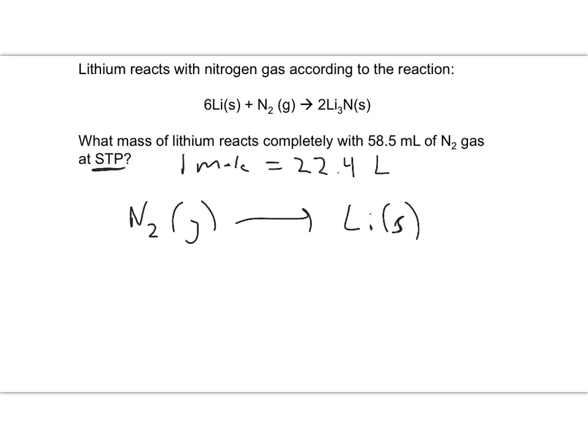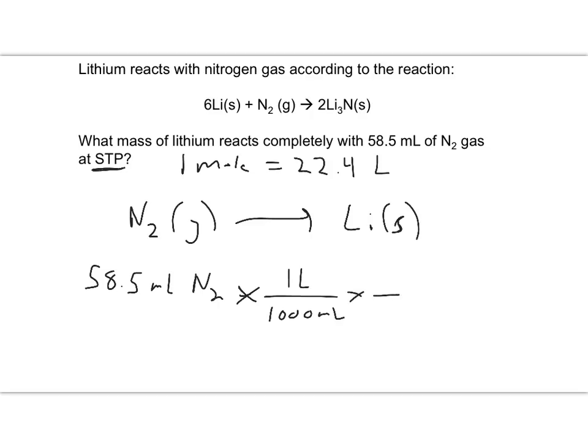So we're given 58.5 milliliters of nitrogen gas. Our conversion above is in liters. This has to be liters. 1,000 milliliters in 1 liter.